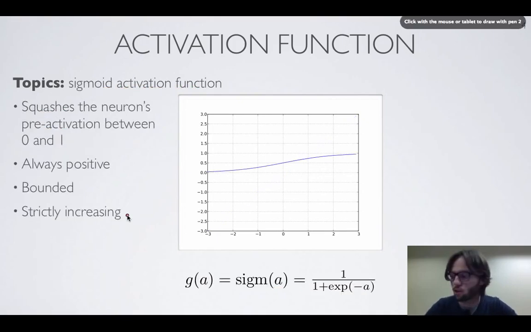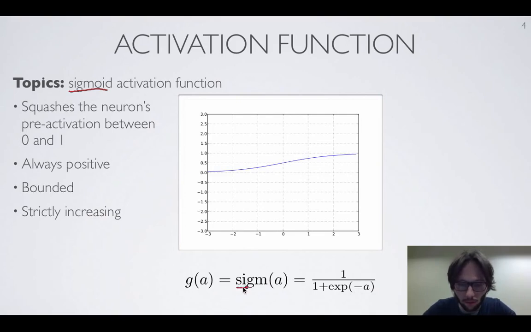A more interesting choice is the sigmoid activation function. So it takes this form, so we'll sometimes note it with the acronym SIGM for short. And it simply takes the pre-activation and computes this formula here. So it's 1 over 1 plus the exponential of minus the pre-activation.